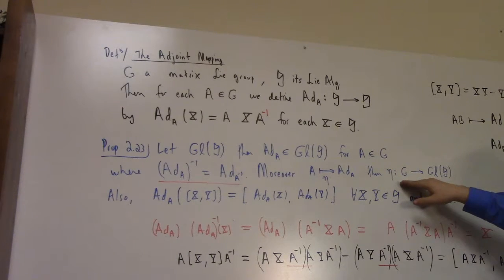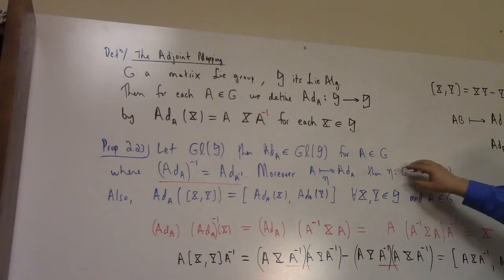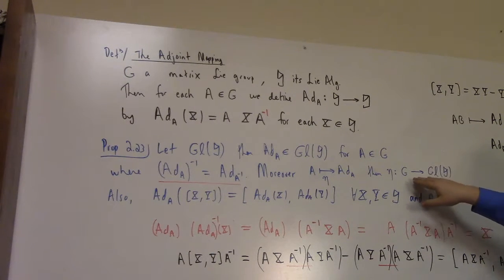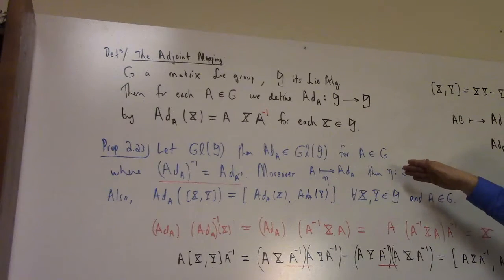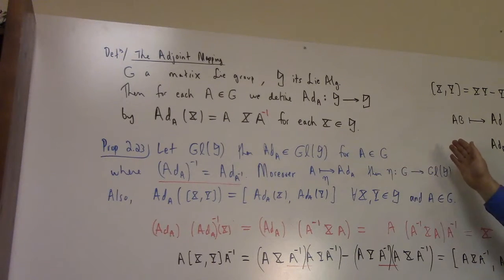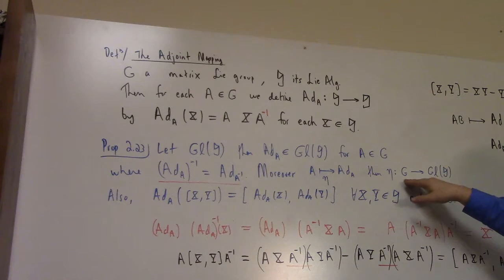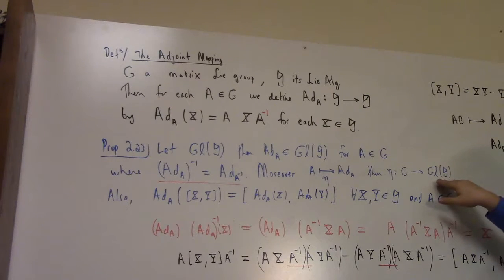A representation is a homomorphism from a group into a set of linear transformations, like invertible linear transformations. Of course, if it's a homomorphism, it's got to go into invertible things if the group goes to a group, right? So this actually gives us a representation of the Lie group on the Lie algebra. And that's the adjoint representation, I believe.